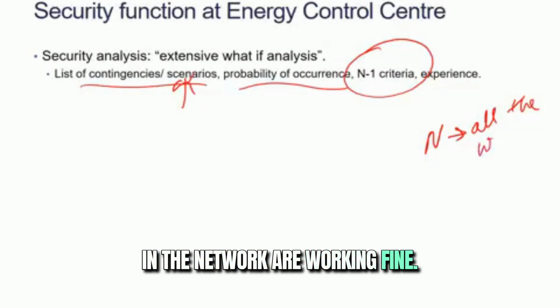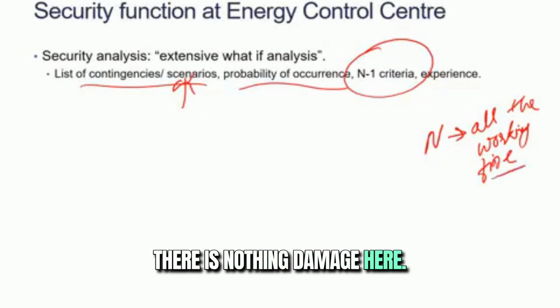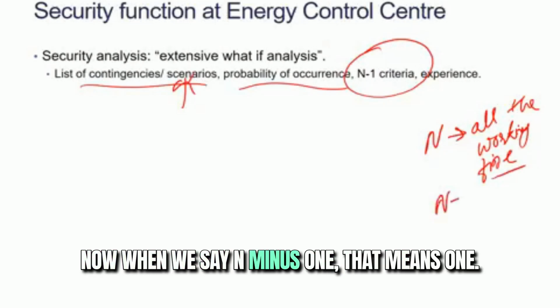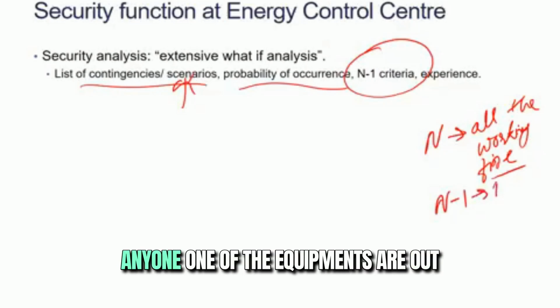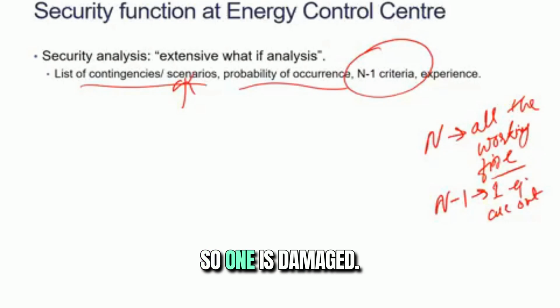are working fine. All the components are working fine. Right? There is nothing damaged here. Now when we say N-1, that means one of the equipment is out or failed or damaged, whatever it is. So one is damaged, and the rest is all working fine.